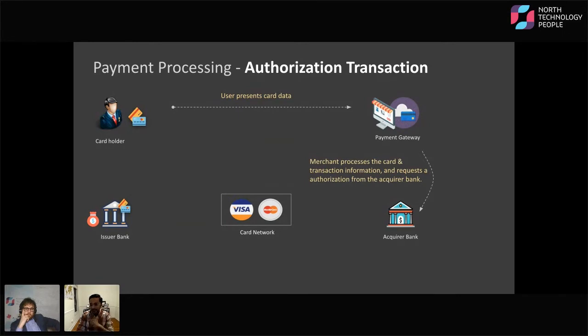The payment gateway knows who the acquirer bank is because he has issued a merchant account there, so he sends that request to the acquirer bank with this card data. That acquirer bank talks to the card network and submits this authorization request to the network. In turn, that card network goes to the issuer bank and says, hey, can you authorize this card for me?